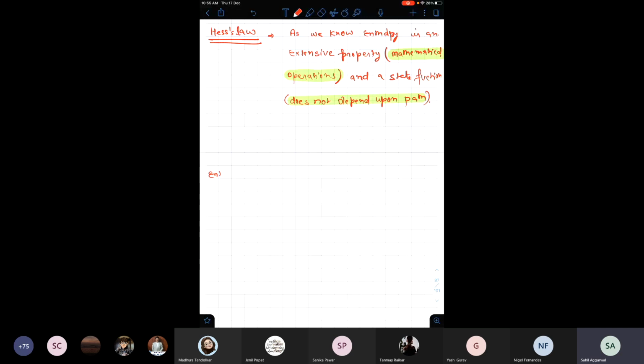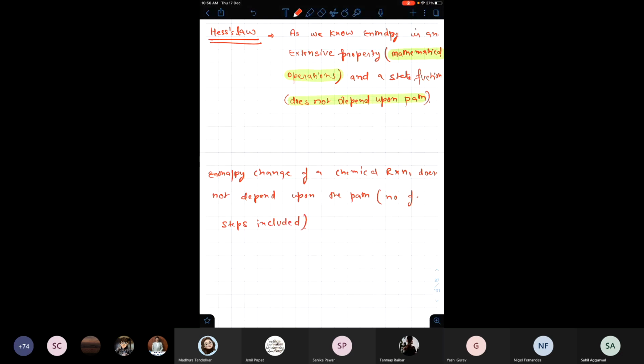Enthalpy change of a chemical reaction does not depend upon the path, its value will remain same.